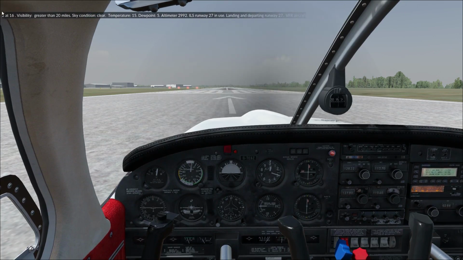We don't have to worry about that. What we need to know is 212 at 16. And as you can see, ILS runway 27 is in use, landing and departing runway 27. That's exactly why we are on 27. We'll bring that up again. Hopefully this time there'll be someone speaking. Or not. Is it on the phone? Or possibly because it should be on Com 1. That would have helped.